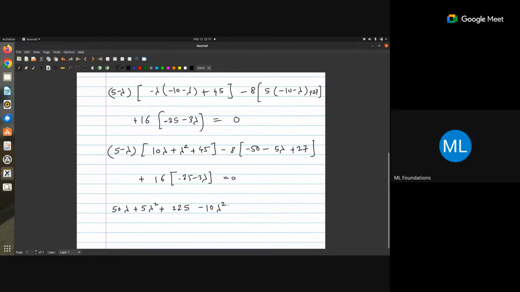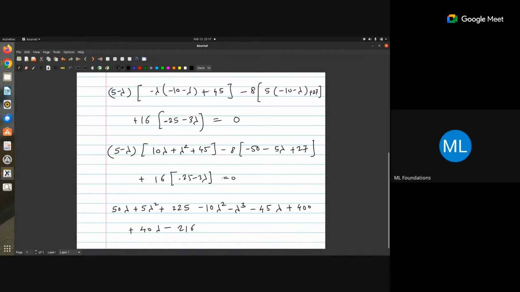Minus 10 lambda square minus lambda cube, minus 45 lambda, plus 400, plus 40 lambda minus 216, right?